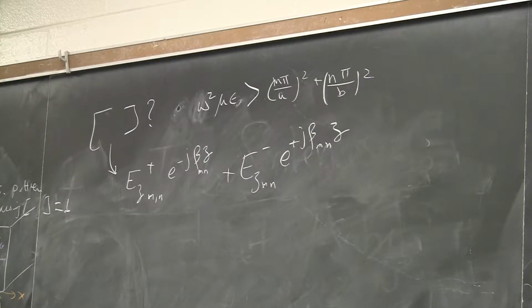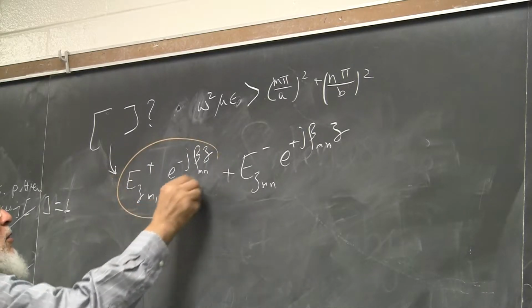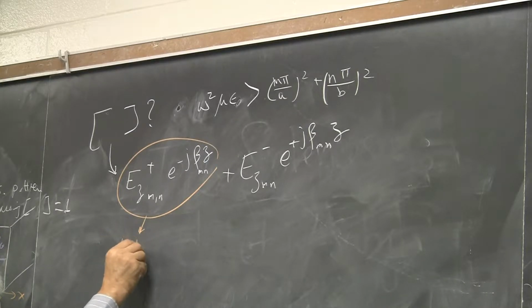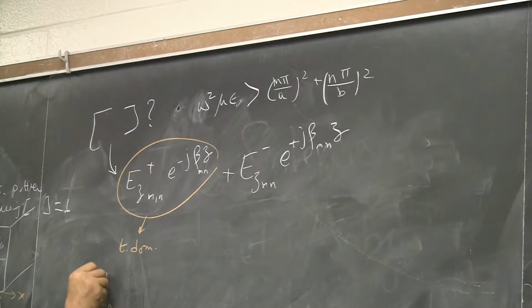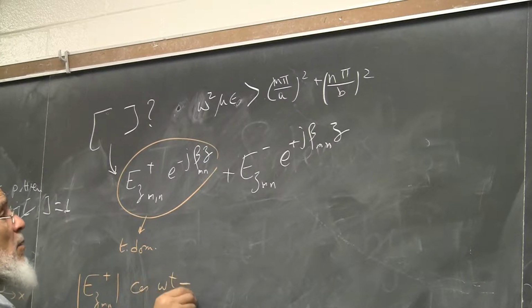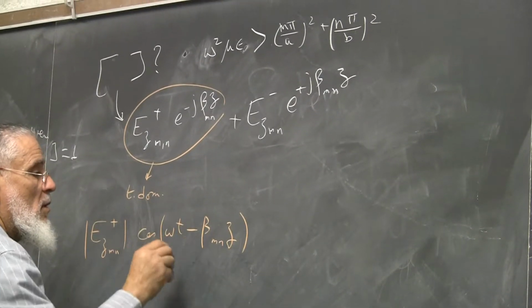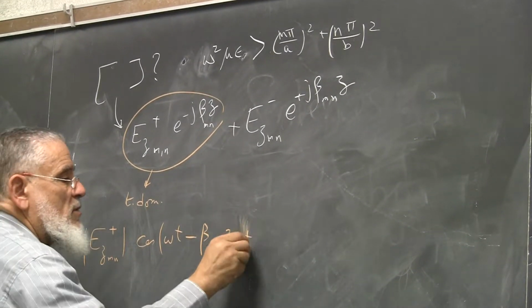If I take either one of those and go back to the time domain, what do I see? I see E sub z mn plus magnitude cosine of omega t minus beta mn times z, plus some phase.